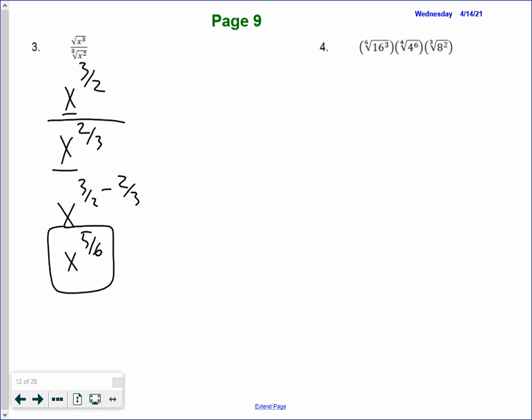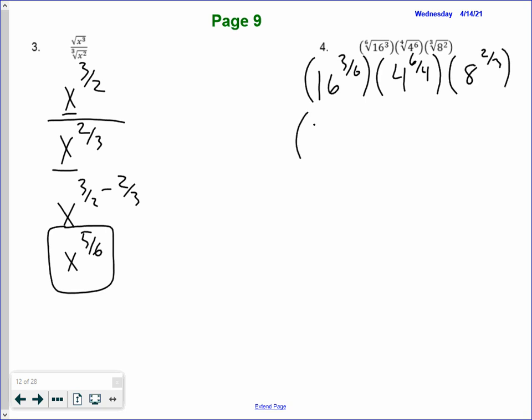Now for number 4, same thing. We have 3 radical expressions. We're going to change them into rational exponents and simplify it down. So the first one becomes 16 to the 3/6. Then we get 4 to the 6/4, and then 8 to the 2/3. 16 to the 3/6 is 16 to the 1/2. 4 to the 6/4 is 4 to the 3/2.